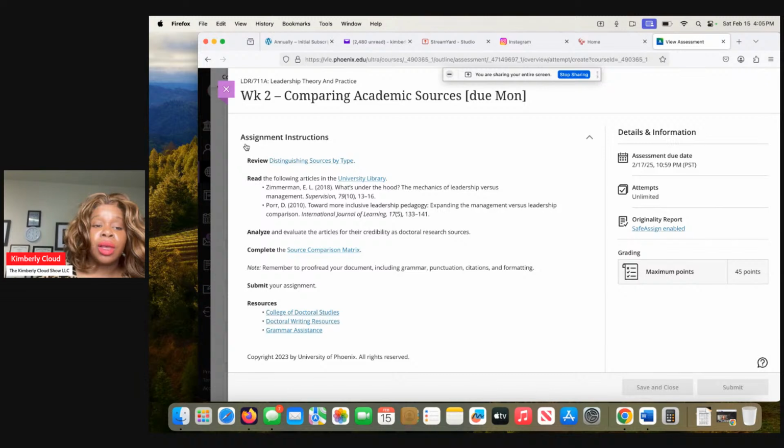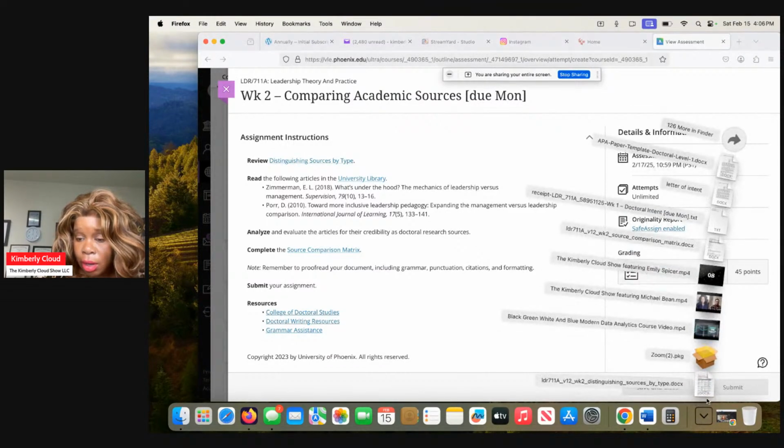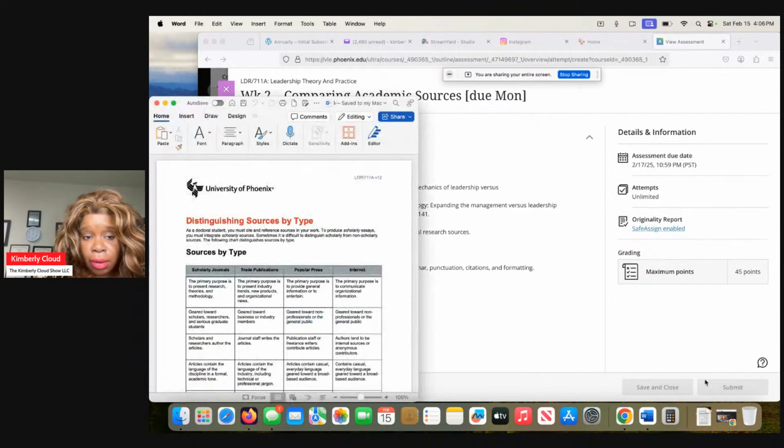So the assignment instructions that I will be doing tomorrow is read the following articles in the university library, which are these articles. Analyze and evaluate article review as doctoral research sources. Now, that means go here, go there.